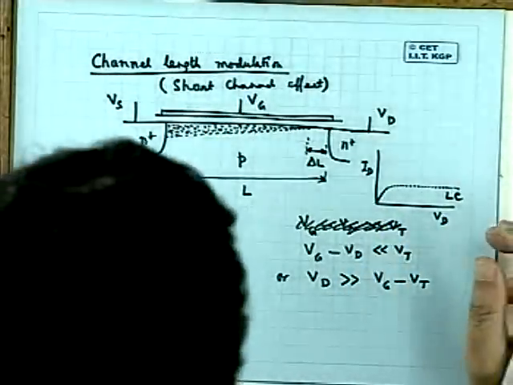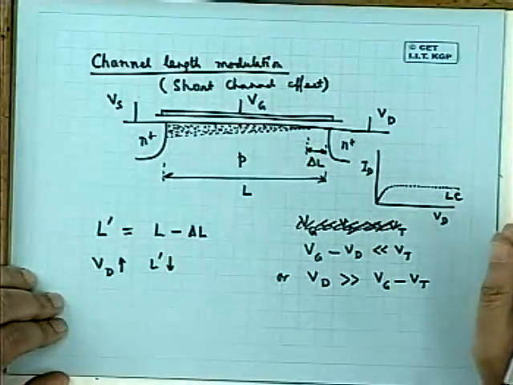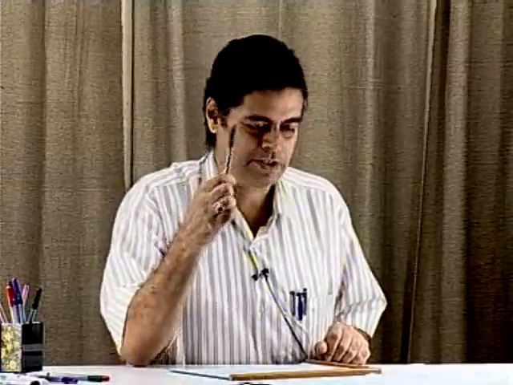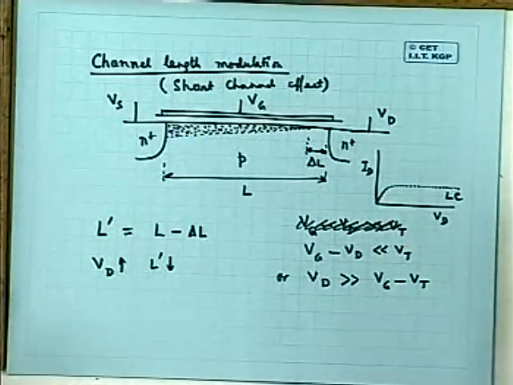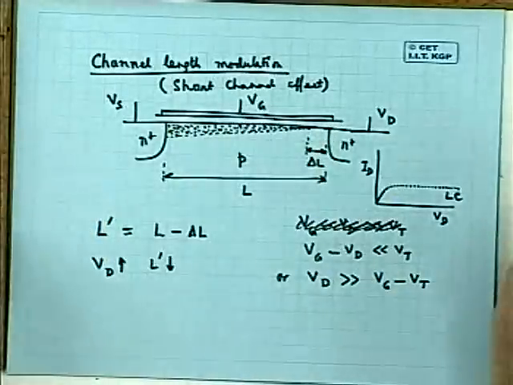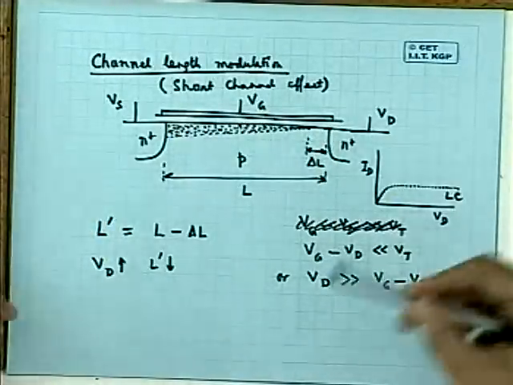What will be the expected ID-VD characteristics taking into account the VT lowering with short channel effect, as well as the delta L effect, that is the channel length modulation? Due to VT lowering, what will happen? Because VT is reduced, for the same VG current will be more, isn't it? So in the linear region also the current will increase. As we enter into the saturation region, delta L gradually increases, therefore the current increases still faster.